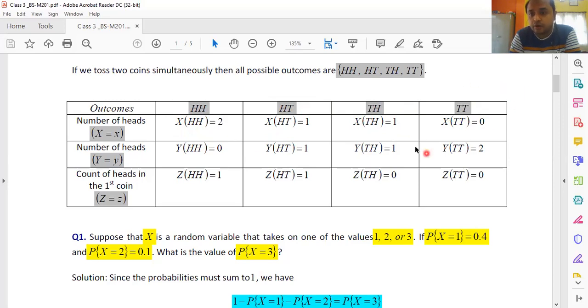Or you can put probability of TT to be 1, all the rest of the probabilities taken to be 0, because I have told you that we do not calculate probabilities, we allocate the probabilities to the outcomes. So these things will happen in the case of biasedness. In all the cases, be it biased or unbiased, what is happening is you take the summation of all the probabilities.